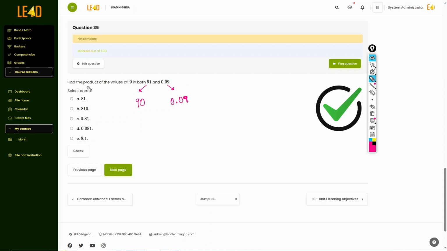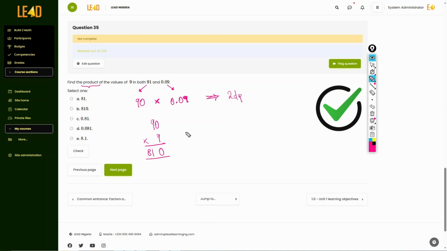We're asked to find the product, which is basically to multiply both of them. The way we multiply decimals is we consider the decimal places. There's no decimal place in 90, just 2 in 0.09, so just 2 decimal places to consider. We put that aside and go 90 times 9. 9 times 0 is 0. 9 times 9 is 81.